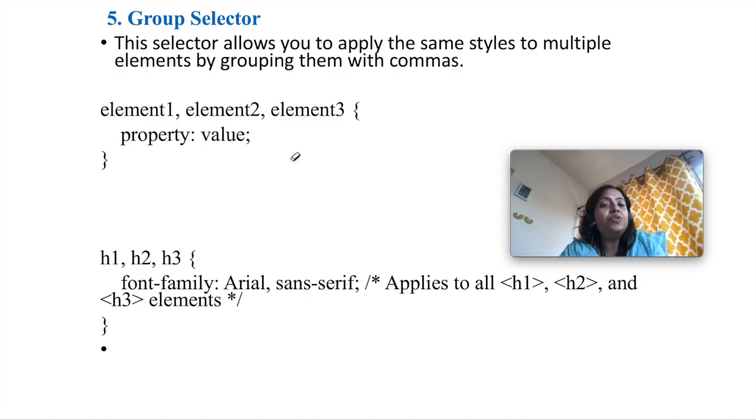What happens in the group selector? You can see element 1, element 2, element 3 all have got this particular style. So for example, here H1, H2, H3 all have got the style font family Arial and sans serif. What is this one, my dear students? This is a method for commenting.